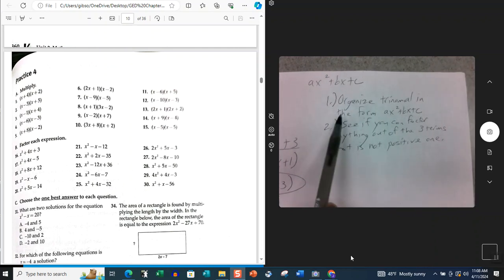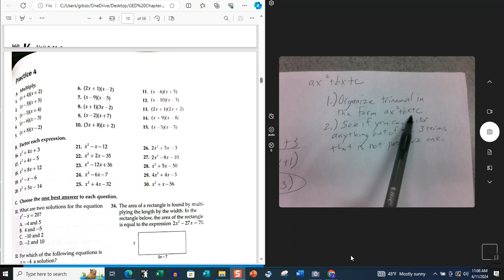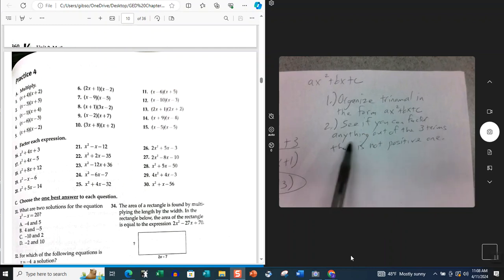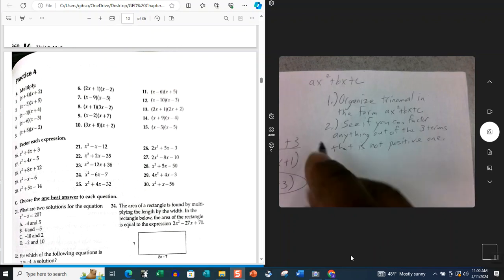So step 1, organize the trinomial in the form ax squared plus bx plus c. Now I know that this lesson says polynomials, but we're mainly dealing with trinomials. So you can use those words interchangeably here. Step 2, see if you can factor anything out of the three terms that is not positive 1.